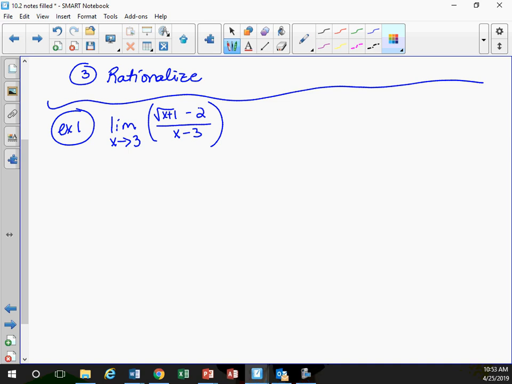All right, so can we just plug the 3 in? No, everyone see why that's no good? Okay. Now, I see a square root, so that makes me think rationalize. Even though the square root's not in the denominator, we can still use the rationalize strategy. What do you think I might want to multiply numerator and denominator by? Square root of x plus 1, plus 2. Yeah, square root of x plus 1 plus 2. Now don't get ahead of me because you're going to do too much work.